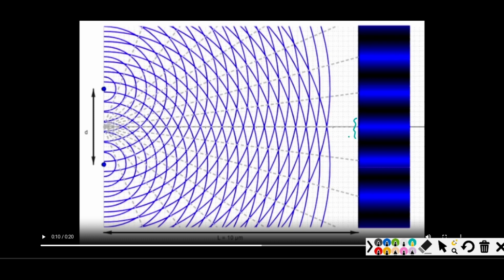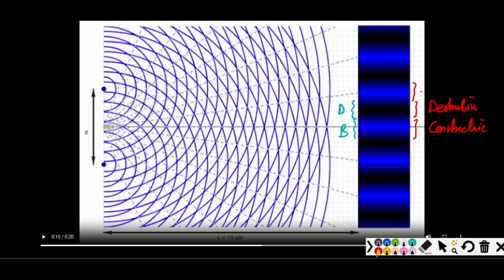You can see that this is a bright, colored region, and it is followed by a dark region. This is the dark fringe, this is the bright fringe. To put it in plain perspective, this one is bright because it is experiencing constructive interference, and this region is dark because it is experiencing destructive interference.